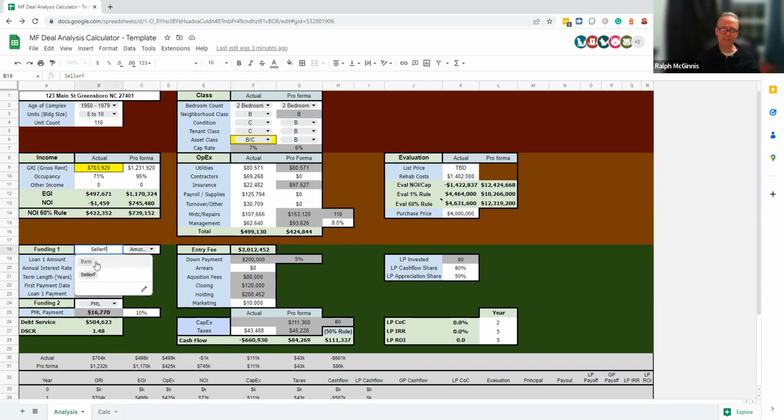And the reason is because if you're doing a bank finance, a lot of times you can get the bank to finance 70% of both your purchase price and your rehab costs. So a lot of that 1.4 million can get absorbed into your bank loan. So that's a plus side of the bank loan versus the seller finance.